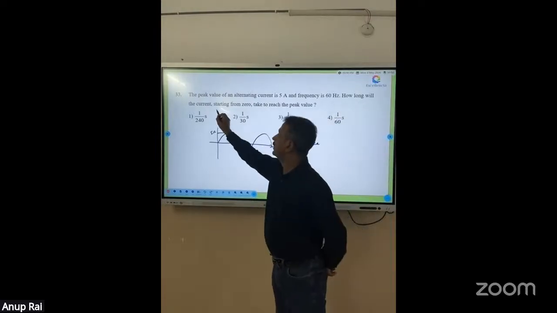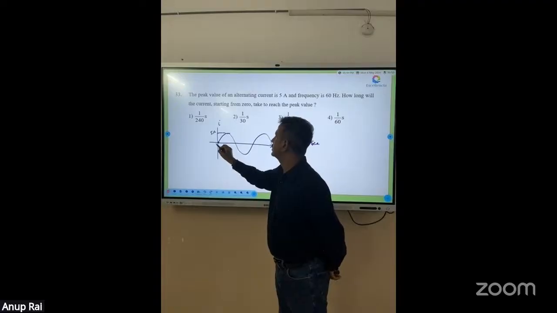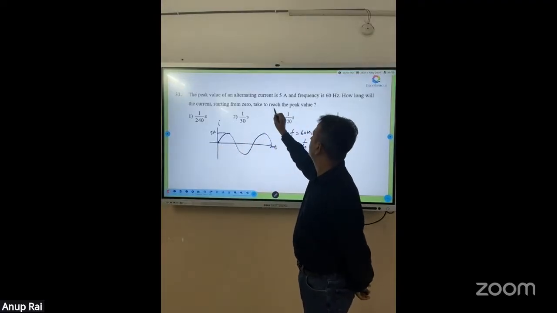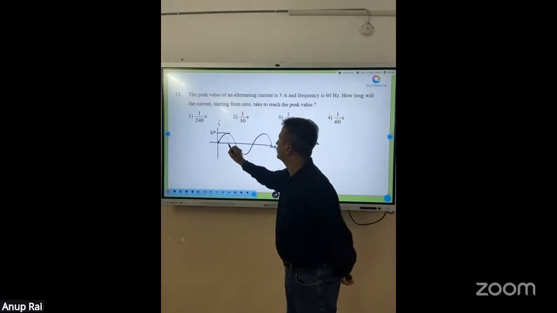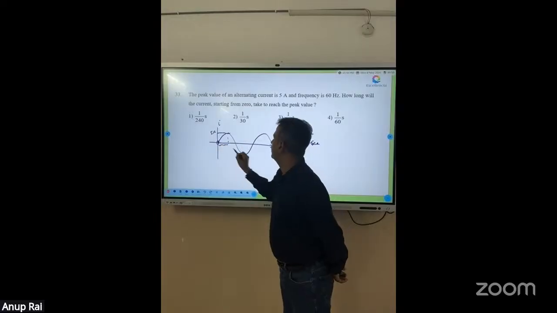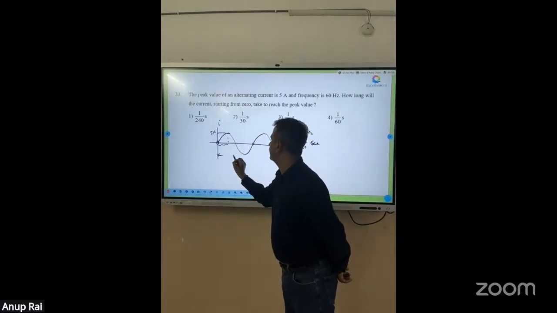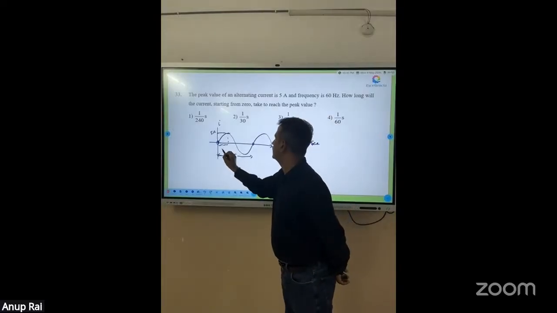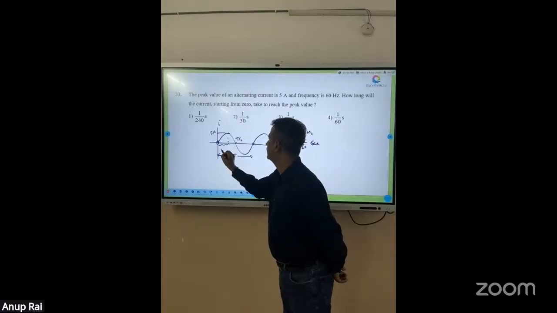How long will the current, starting from 0, take to reach the peak value? So this is the time they are looking for. We know that from here to here is called one time period, right? From here to here is T by 2, and half of that is T by 4.